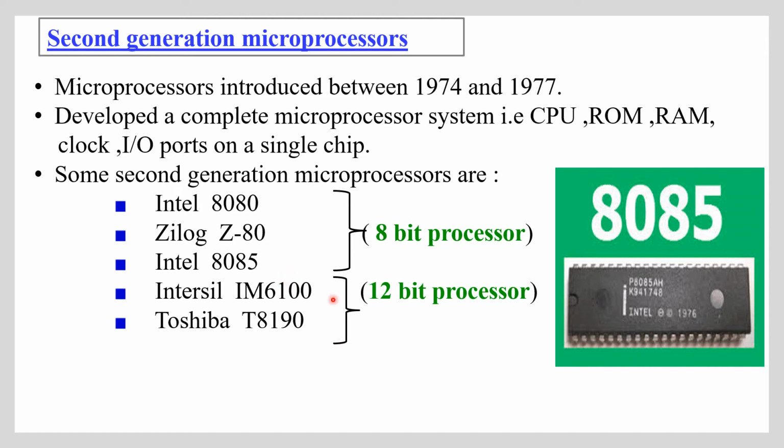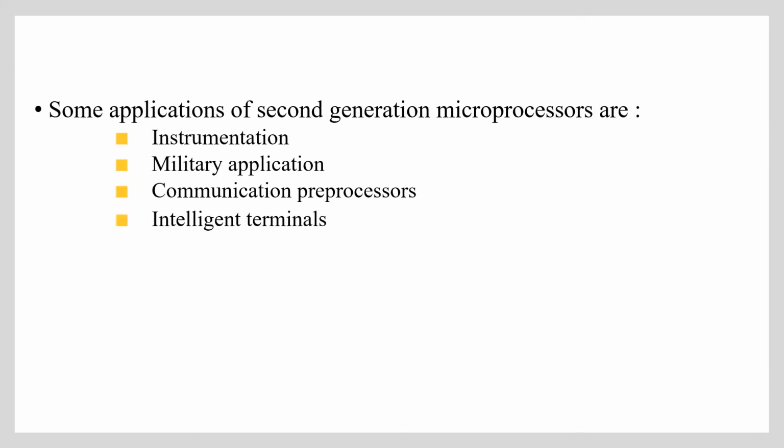Let us see the applications where the second generation microprocessors, that is 8-bit and 12-bit processors, were used. They were used in instrumentation, in military applications, communication preprocessors and intelligent terminals.